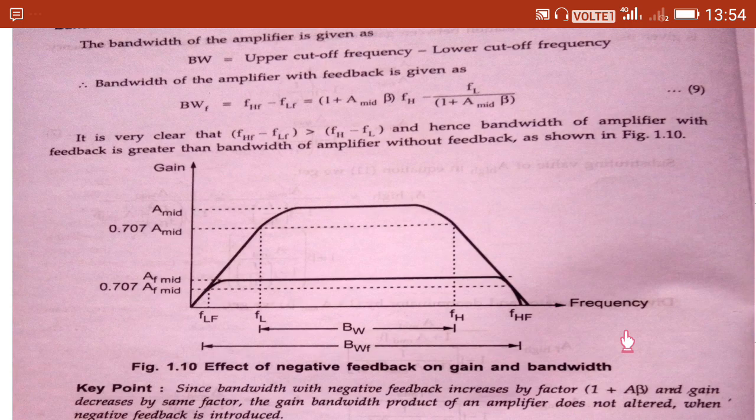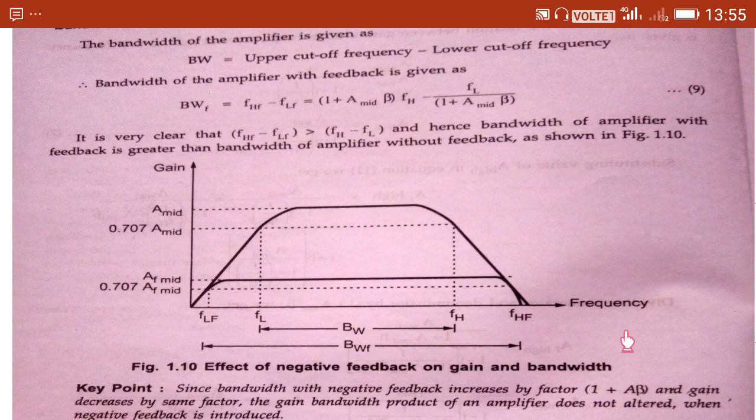Now there is a lower cutoff frequency and upper cutoff frequency. What is lower cutoff frequency and upper cutoff frequency? In lower frequency region where gain is increasing, there will be some frequency at which the gain is basically 0.707 into A mid.